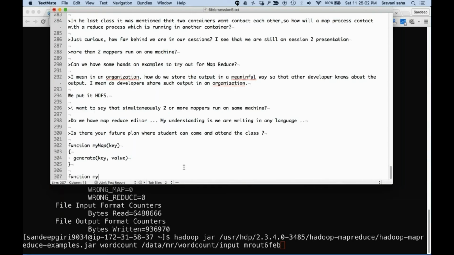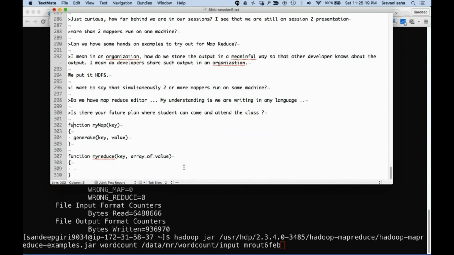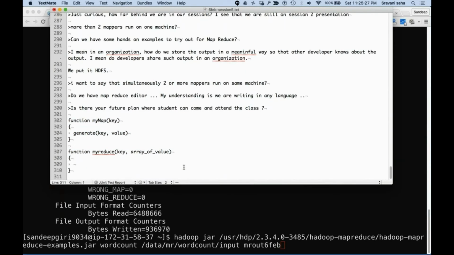Then you will create something called MyReduce. In this you will get key and array of values. And here you will write some logic. So basically you are creating two functions: one is mymapper and one is reducer. And then, while calling the MapReduce, you will tell that here is my mapper, here's my reducer, this is the file I want to churn, and these are the things I want to do.